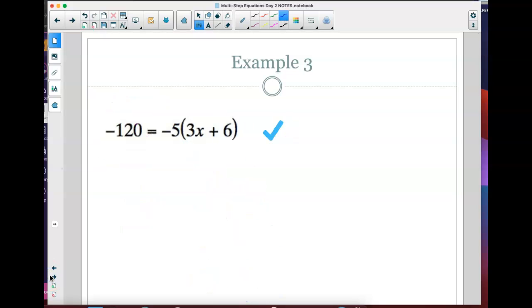All right, last one, I believe. Nope, 2 more. So again, draw a line by the equal sign. I want you to take a minute and try to solve this one on your own. See what you come up with. Distribute first.